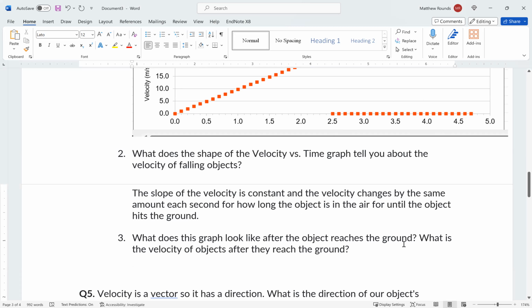It's zero when it reaches the ground, but does it ever change? No. So it's still constant. It's just constant zero. Yeah. All right.